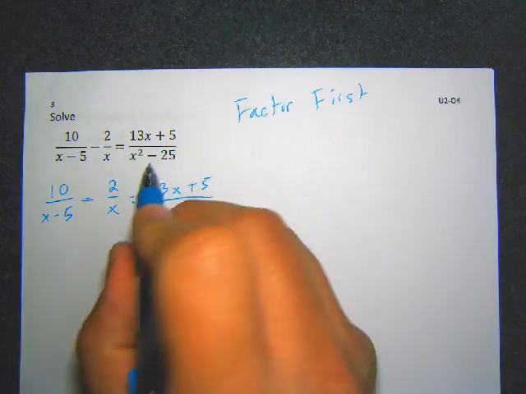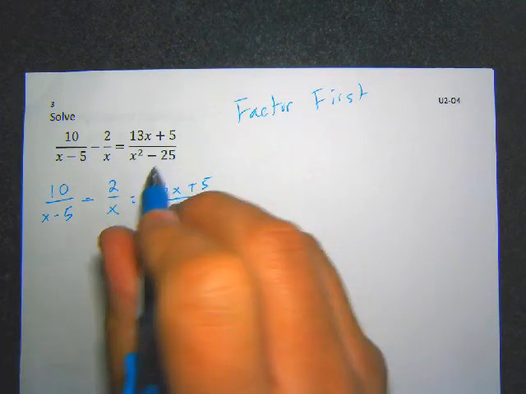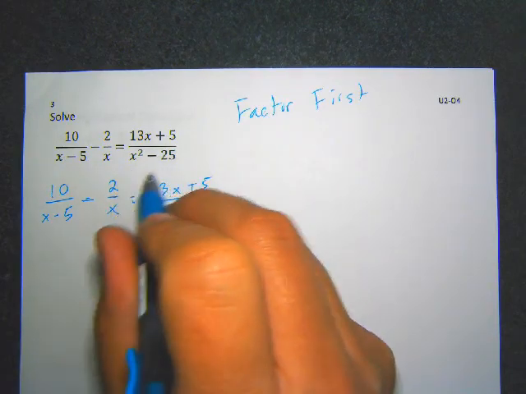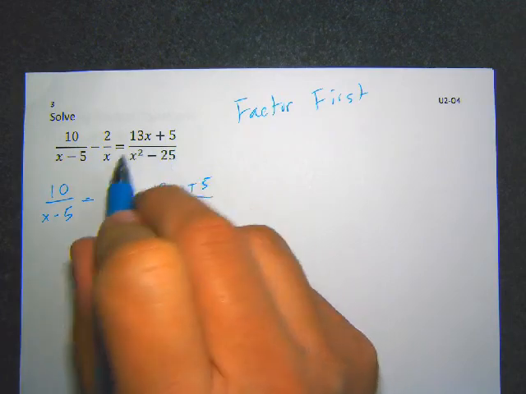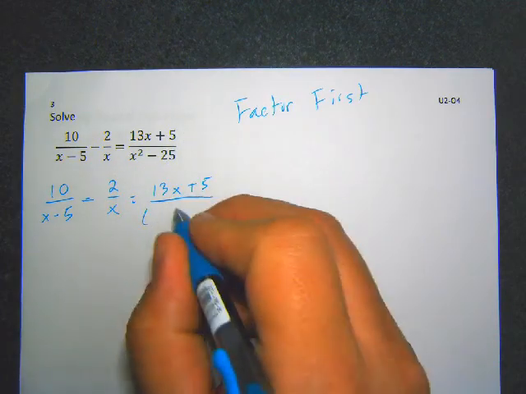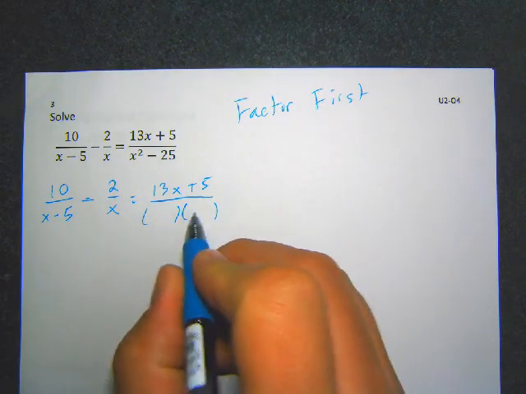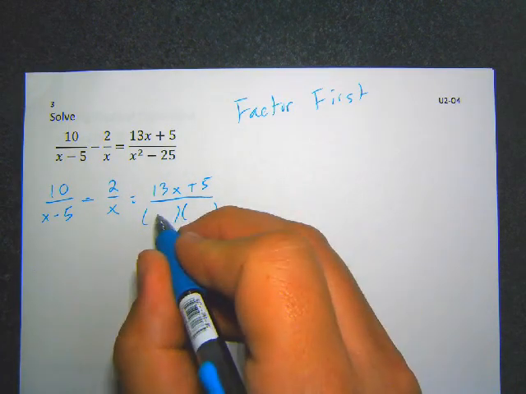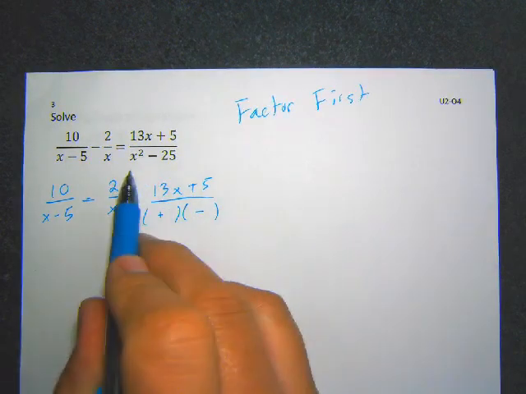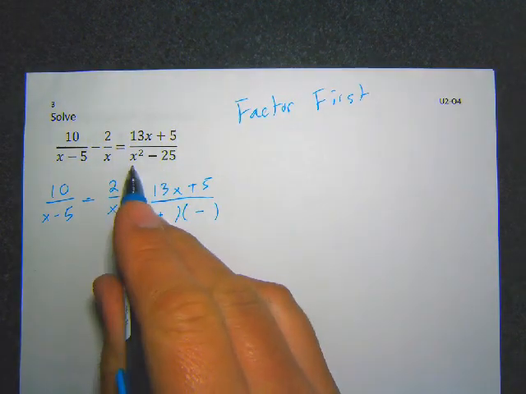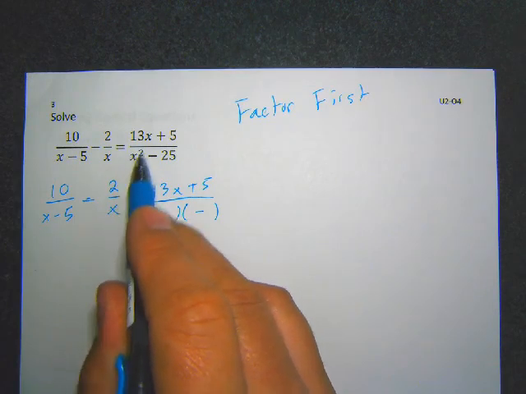But the bottom, where it has x squared minus 25, that's what we call a difference of squares. It's got a special factoring technique. A difference of squares like this factors into 2 parentheses, where the numbers and the parts match, but the signs are different. So one's a plus and one's a minus. That's how these always factor. The first part of each one is going to be the square root of the first part. So the square root of x squared is just x.